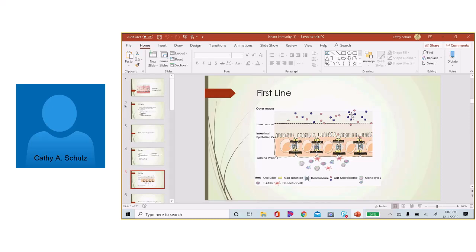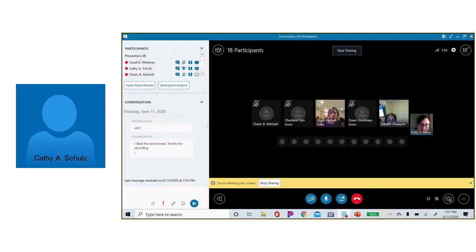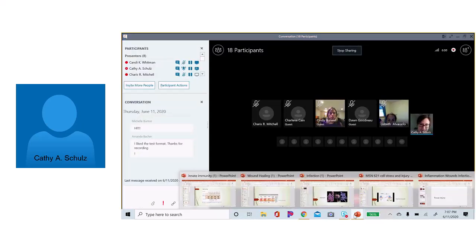There's inner and outer mucus. The inner mucus doesn't necessarily have as much of the microbiome as the outer does. And if stuff got stuck here, certainly with diarrhea, we could get rid of some of those substances. Let me go back to the screen here.